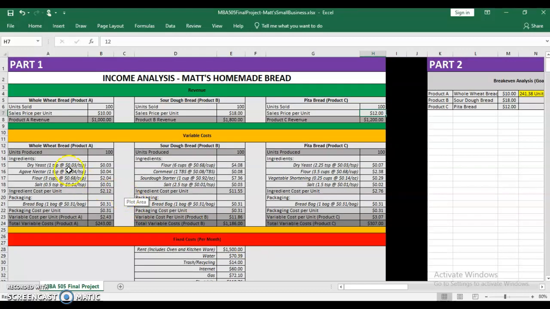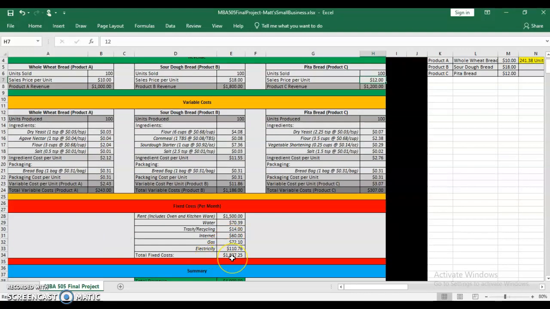This analysis is all interactive. It takes the price of ingredients that I found on the internet and incorporates it into a model that gives a revenue per product, a variable cost per product, and a fixed cost per month.